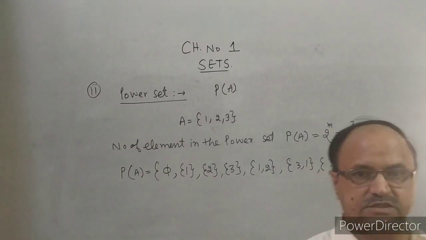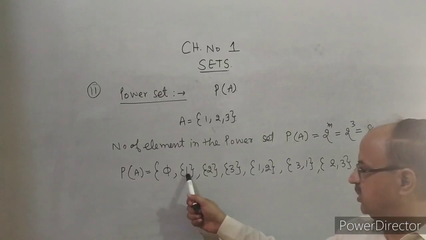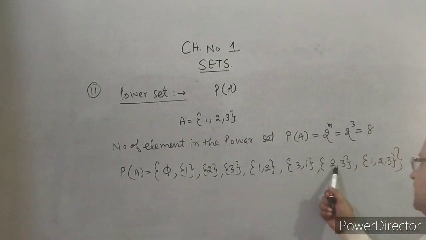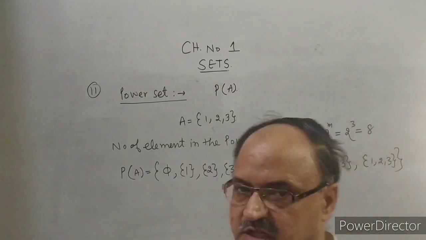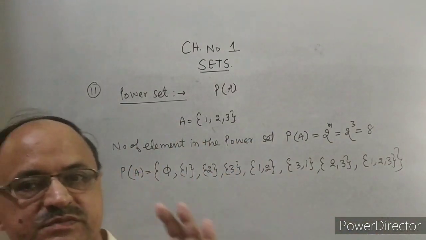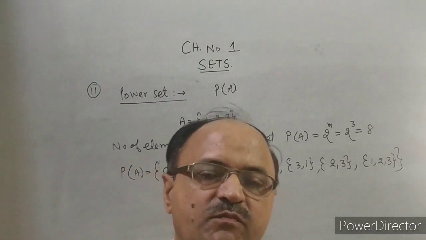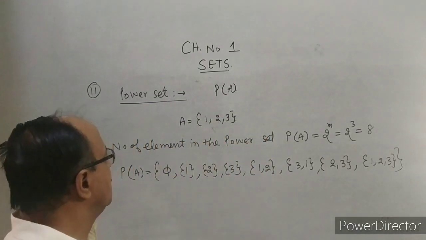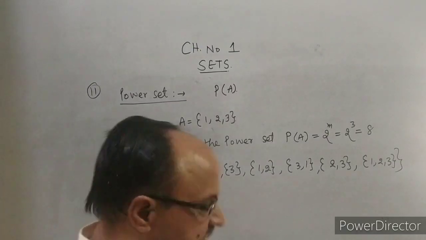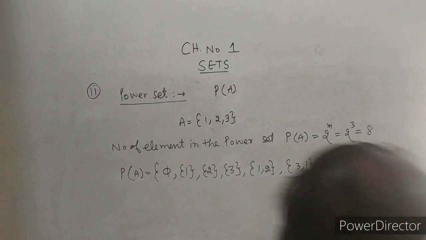Correct? So there are 8 elements: 1, 2, 3, 4, 5, 6, 7, 8. There are 8 elements. Right? The collection of all the subsets of a set is called the power set. Right? Now, the next one is universal set.